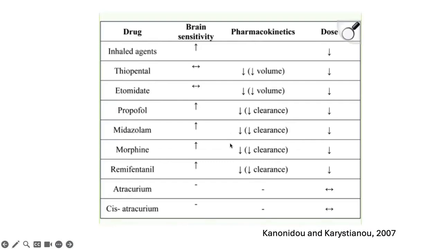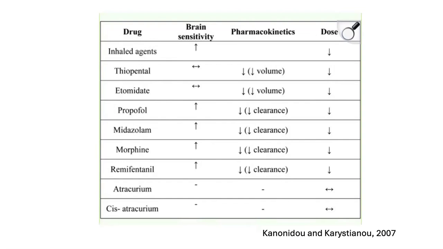So this is a table which was compiled by Canonidu and Caristianu in 2007 in their article. I included this because I felt it was very helpful. So when we look at the elderly patients, they are quite sensitive to inhaled agents, and by inhaled agents, we're talking about volatile anesthetics.